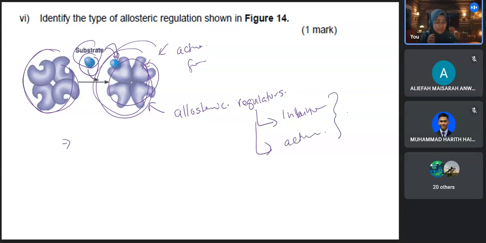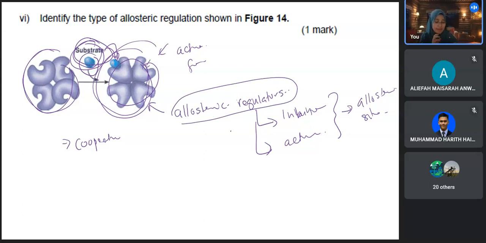Yang ini 2 ni dia bind kepada allosteric site. Beza dengan cooperativity. Cooperativity melibatkan substrate. Tapi allosteric regulation melibatkan allosteric regulators binding to the allosteric site, fixing either in the inactive form of enzyme or the active form of enzyme.